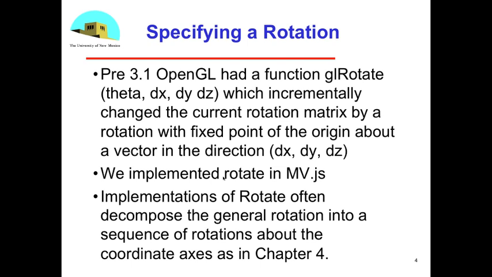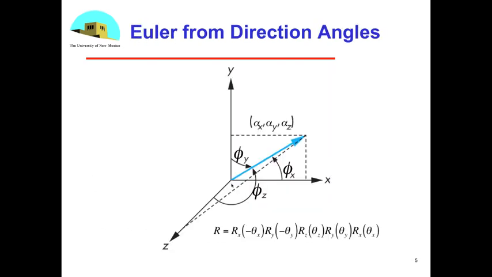Now, all of that stuff is based on Euler angles, where we have a rotation about x, a rotation about y, and a rotation about z. The standard alternative to that is what are called the direction angles. So suppose I take a vector, and this is the vector I want to rotate by some angle theta, and how do I specify this vector?